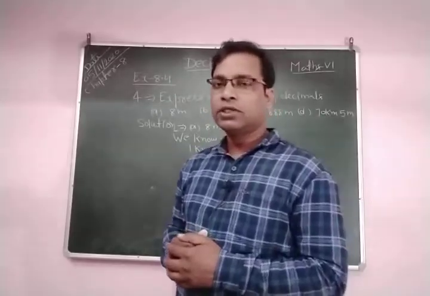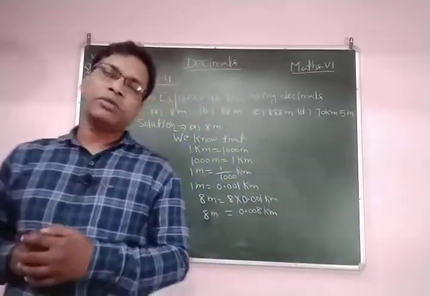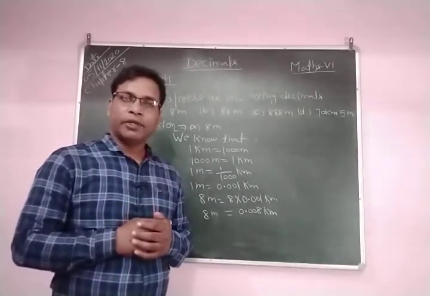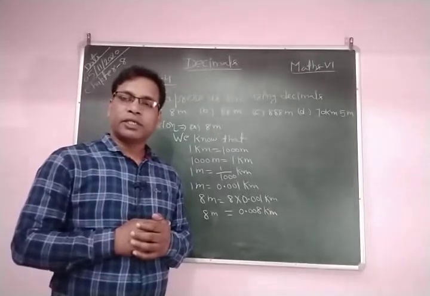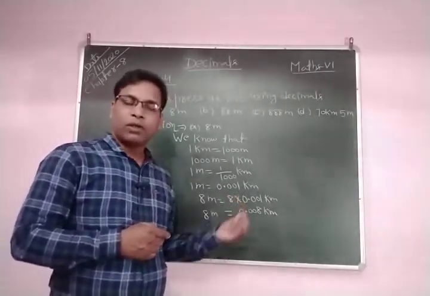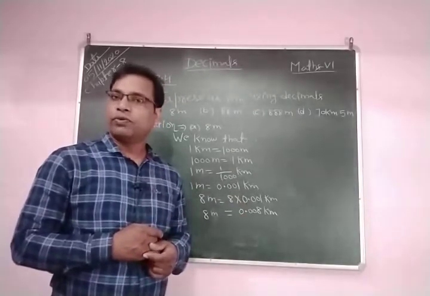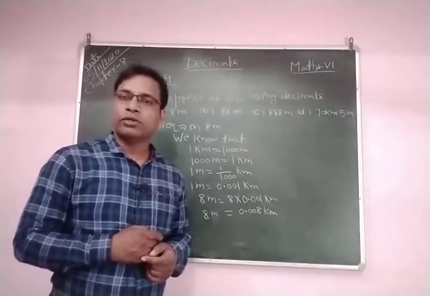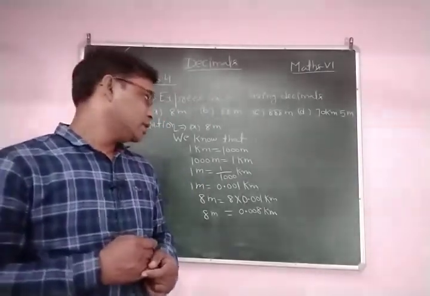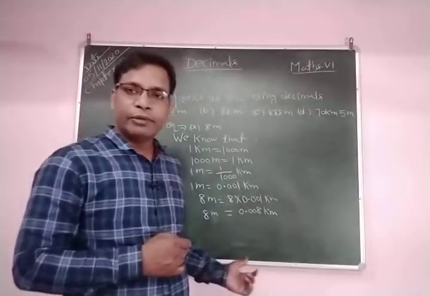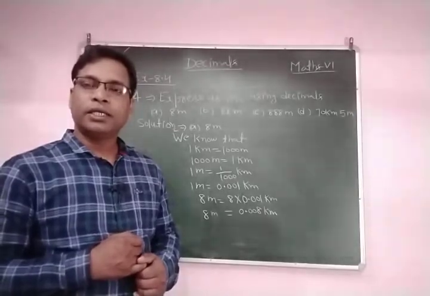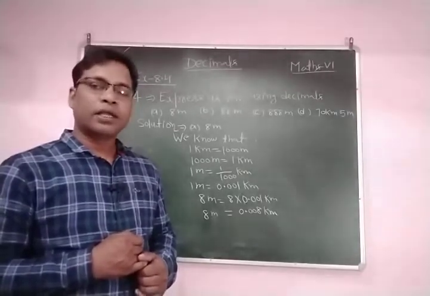0.001. But in this question, how many meters do we have? In this question we have 8 meters. So we need to convert 8 meters into how many kilometers? For this, because we know that 1 meter is equal to 0.001 kilometers, 8 meters is equal to 8 into 0.001 kilometers.